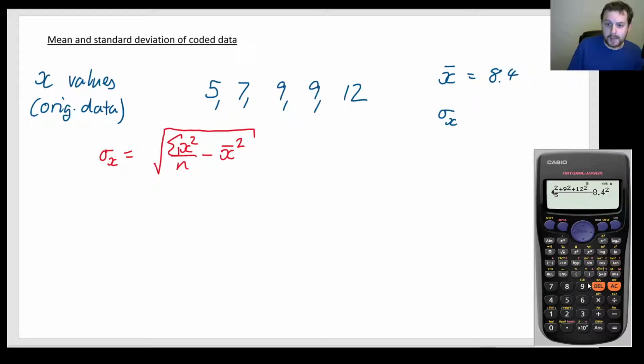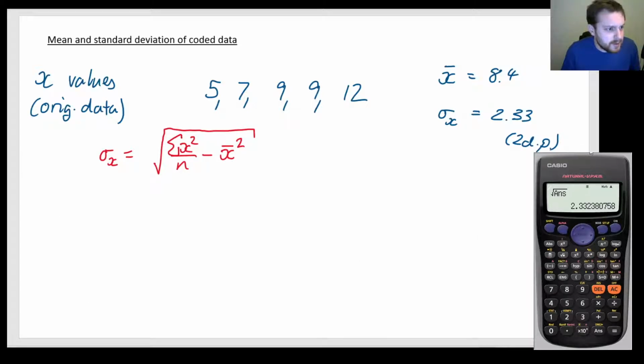That's that X bar getting squared that I have to take away. And then I will square root this answer and get 2.33. So you should have the original sigma is about 2.33 to 2 decimal places. Okay, so we can work these things out.